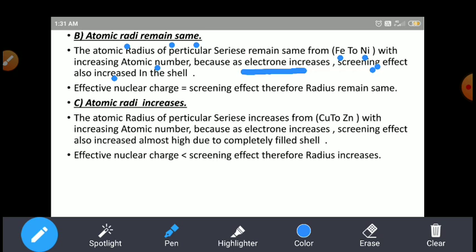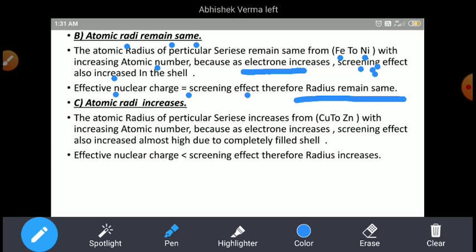Screening effect means the inner electrons repel the outer electrons. That is the screening effect, or the repulsion: the inner shell repels the outer shell. The screening effect is also increased here, so both move parallelly. Effective nuclear charge is equal to the screening effect. That's why the radius remains the same here.